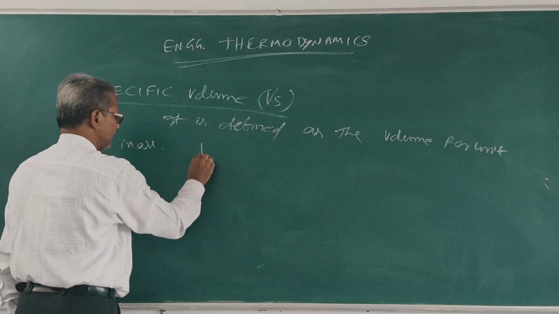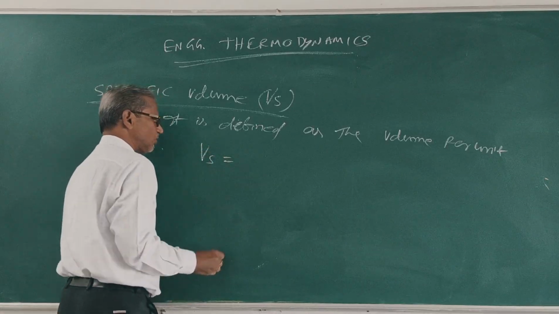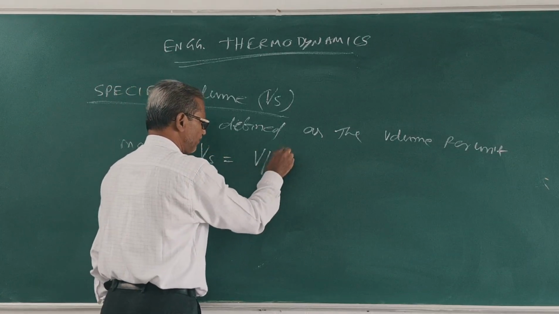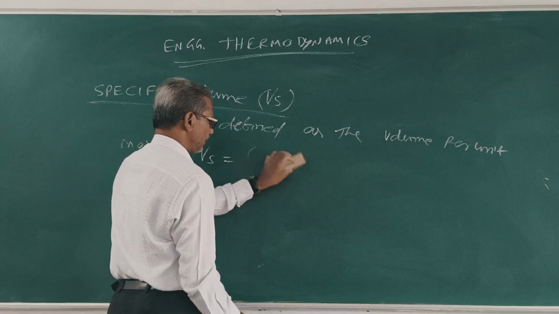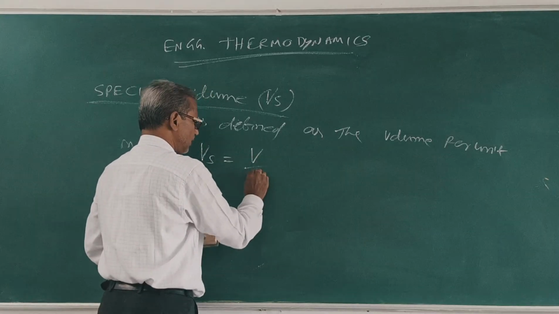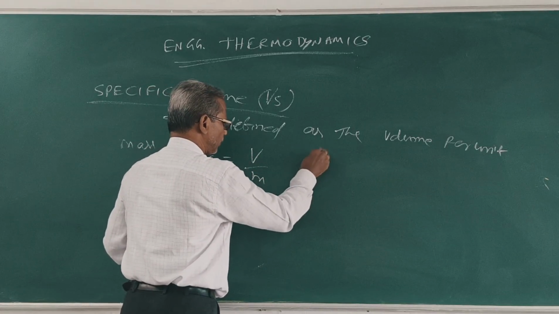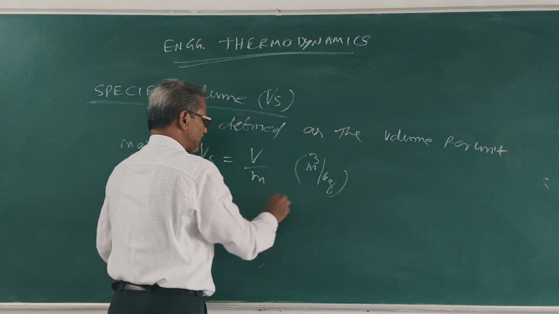That is, Vs is equal to V by M. Clear? What is V? Meter cube per mass kg.